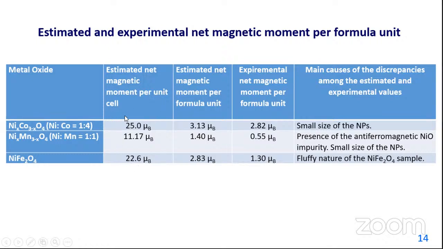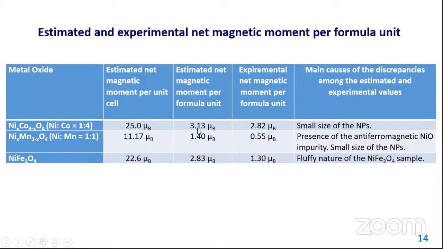As I told you, every unit cell has 8 formula units. If we divide by 8, we get the estimated net magnetic moment per formula unit, which theoretically should be like this. For nickel cobalt 1:4, it should be 3.12 Bohr magnetons, but our experimental value comes to about 2.82 Bohr magnetons, not so close. What can be the reason?